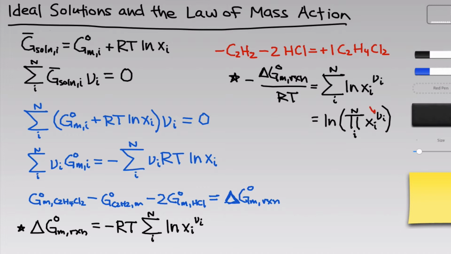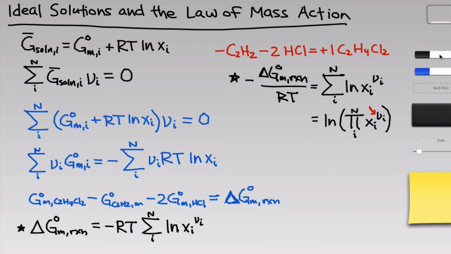For the products, nu sub I is positive, leaving this in the numerator of this product. For the reactants, nu sub I is negative. That puts x sub I to the nu sub I in the denominator of the resulting expression, right?